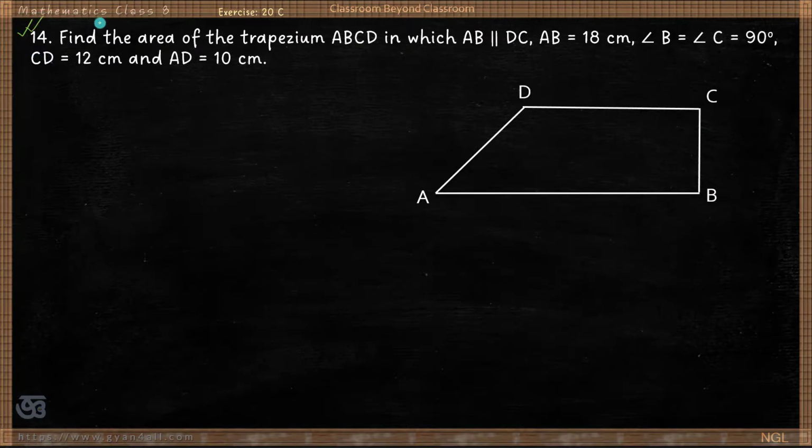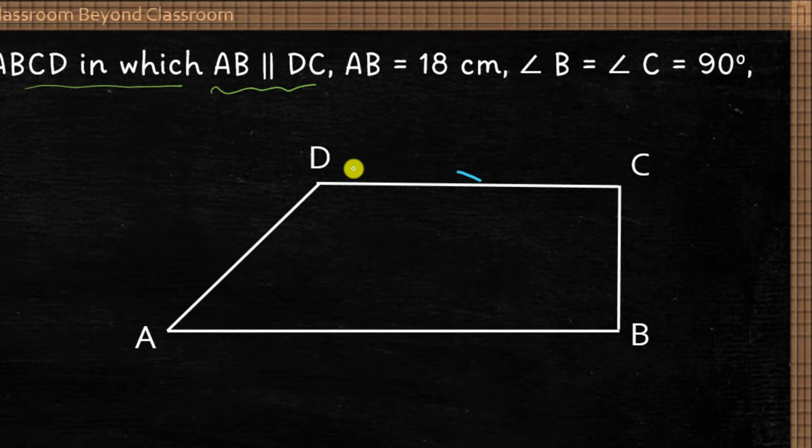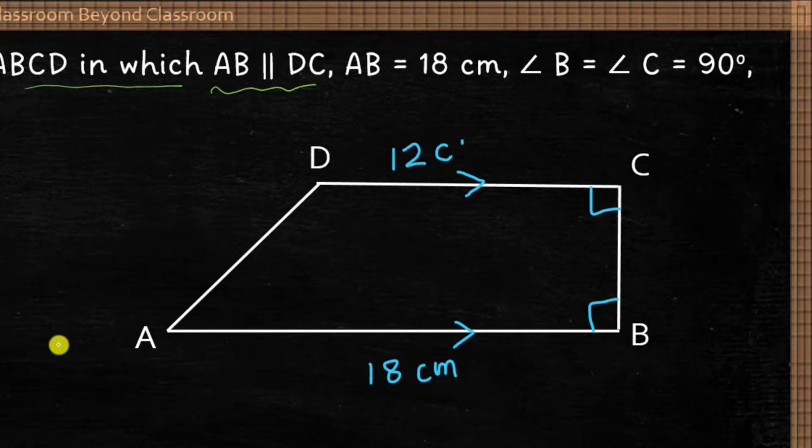Question number 14. Find the area of the trapezium ABCD in which AB is parallel to DC, and AB is equal to 18 centimeter, angles B and C both are 90 degree, and DC is equal to 12 centimeter. Also AD is 10 centimeter.